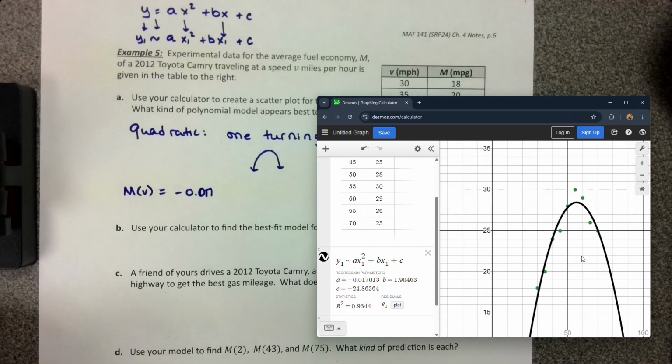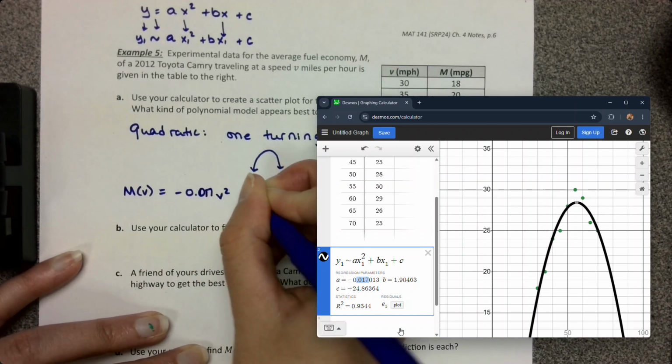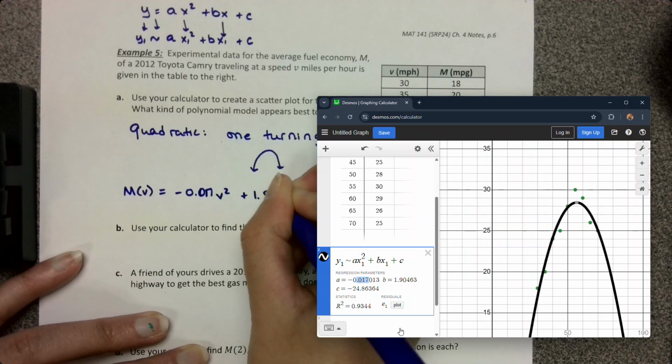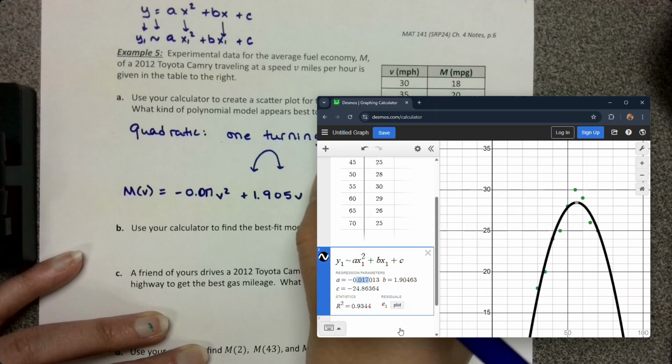As you can see, it was supposed to be negative 0.017 times v squared plus 1.905 v minus 24.864.